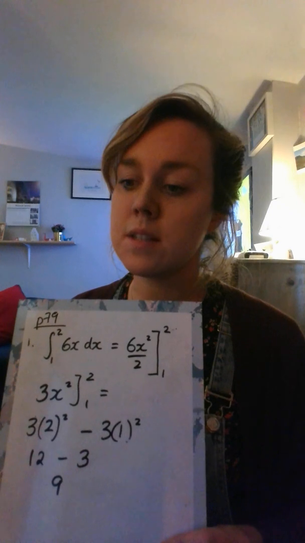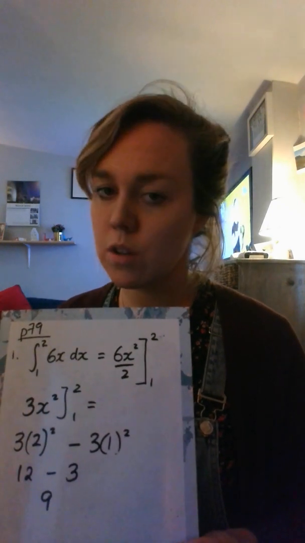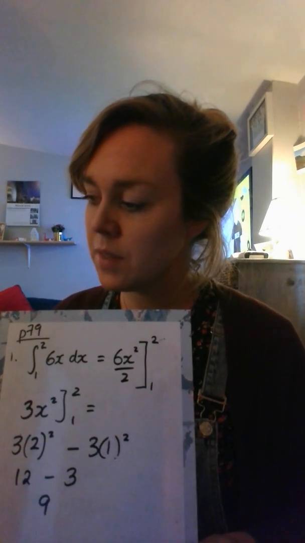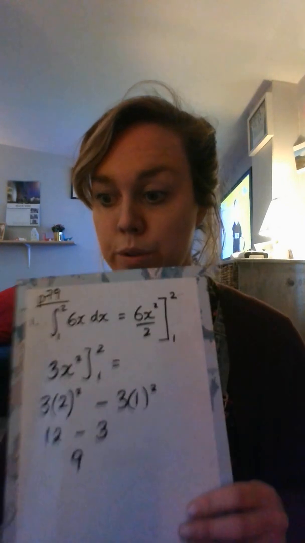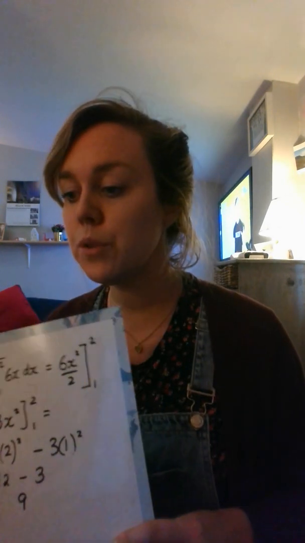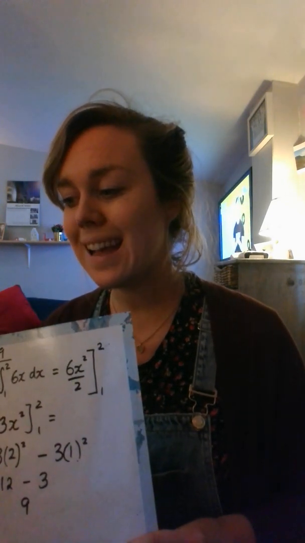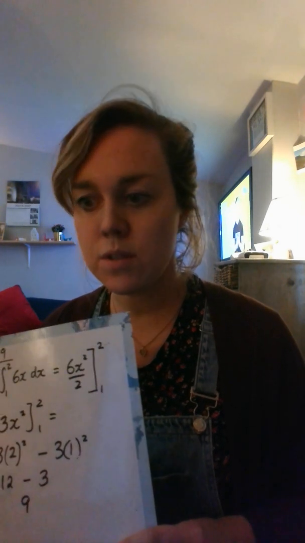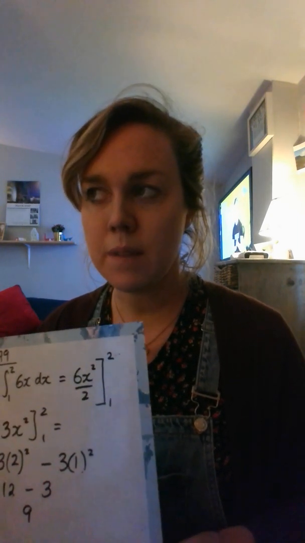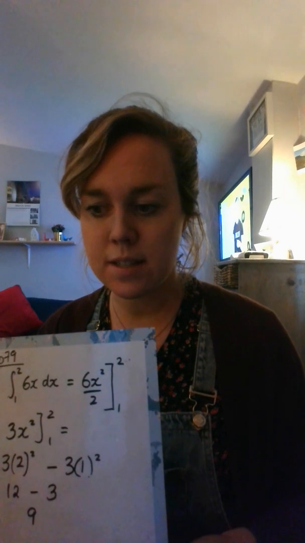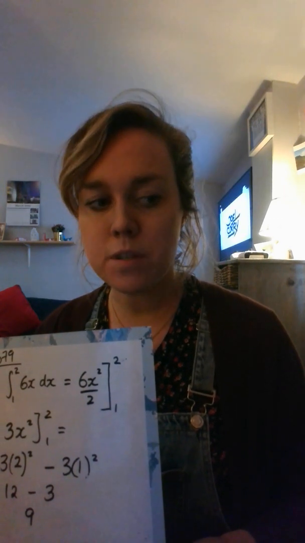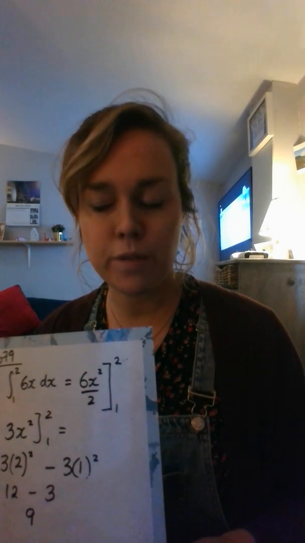Do as many of them as you can, because what you'll notice is, if I look at questions 1 to 6, they're straightforward enough once you know what you're doing. But when you move on from about 8 onwards, you're going to be using index rules, because remember, with integration and differentiation, they have to be written a certain way for you to be able to do them.